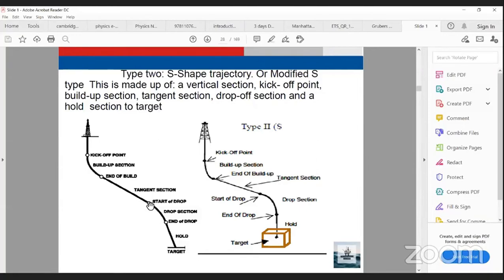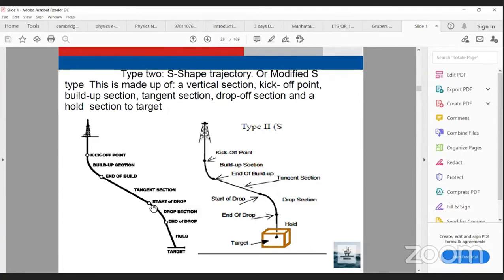So if I reach 40 here, I want to decrease the angle from 40 to, say, 20, for example. So I will start dropping the section by the drop off rate. The drop off rate, as we said before, there is building up rate and drop off rate.